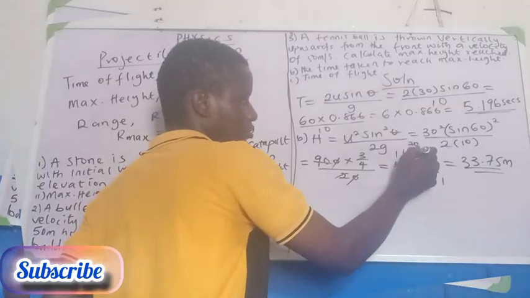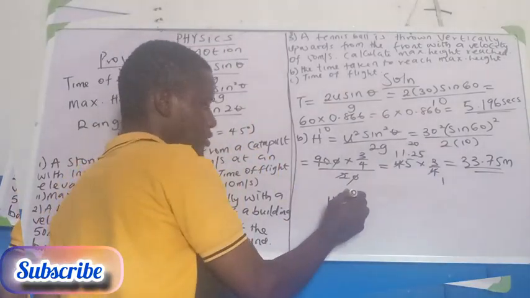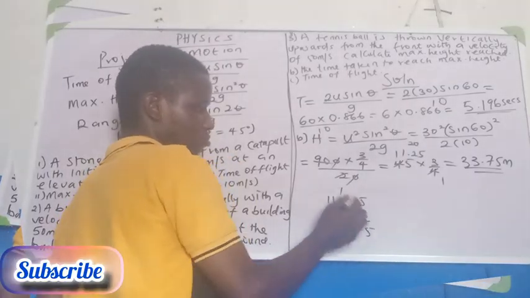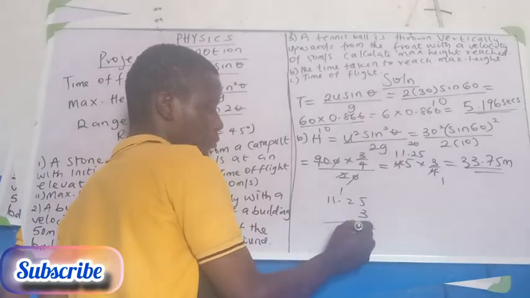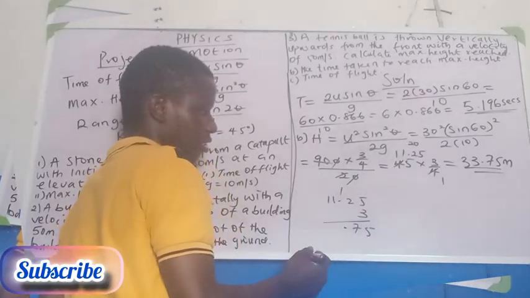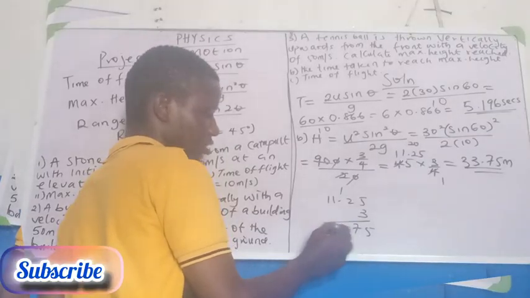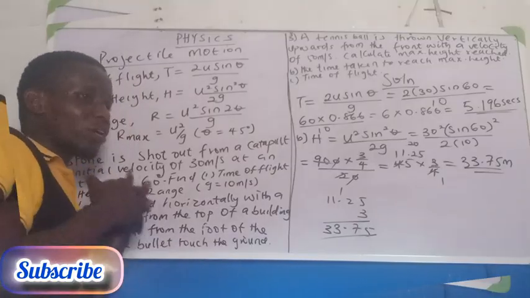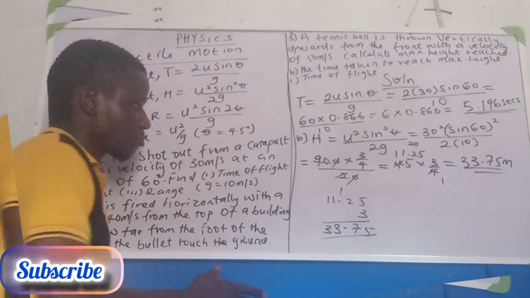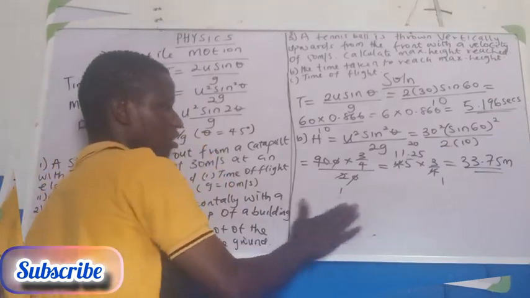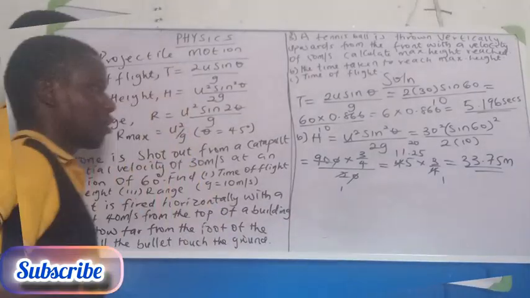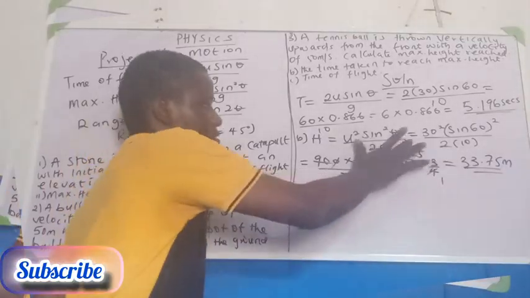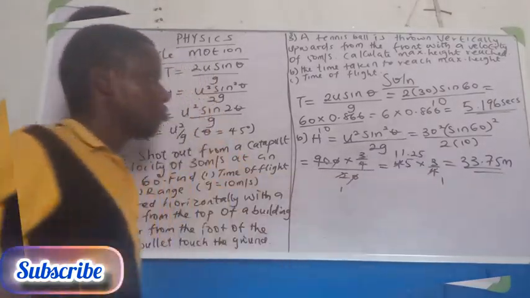In case you are not going to take a calculator, you can do this and get to the answer. But if your calculator is good, then do what you need to do.